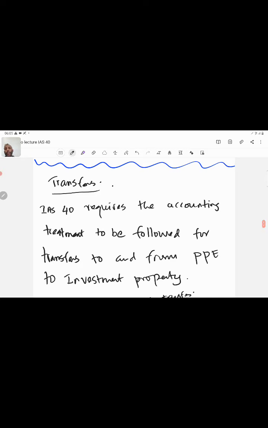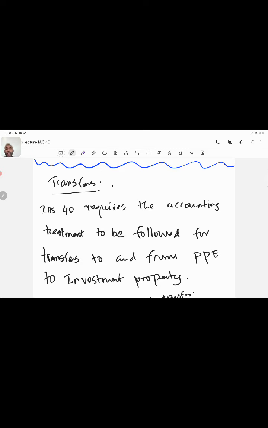Transfers. Now there is a possibility that sometimes you may have an investment property, and at one point of time you may find it is no more an investment property and this has been treated as IAS 16 property, plant and equipment. Or vice versa. You may have a property, plant and equipment, and at one point you may feel the conditions are now meeting to say that this is no longer property, plant and equipment, rather this is an investment property.